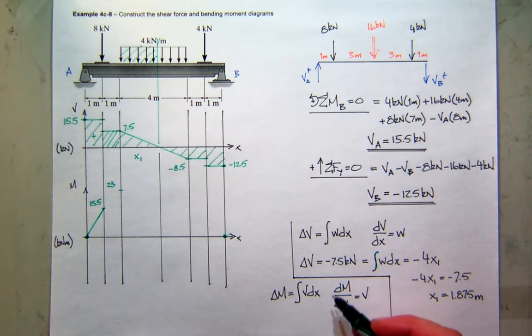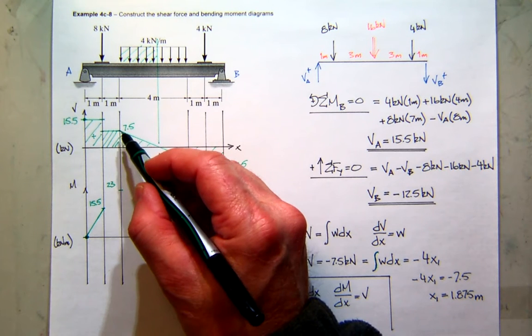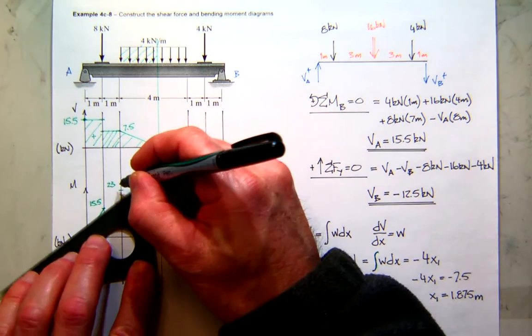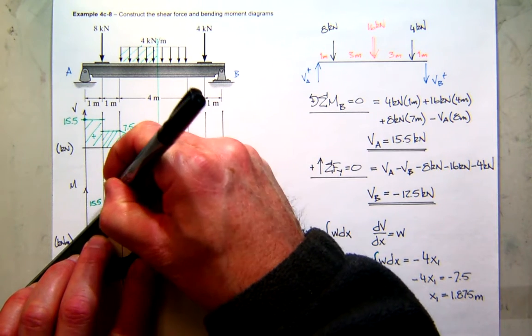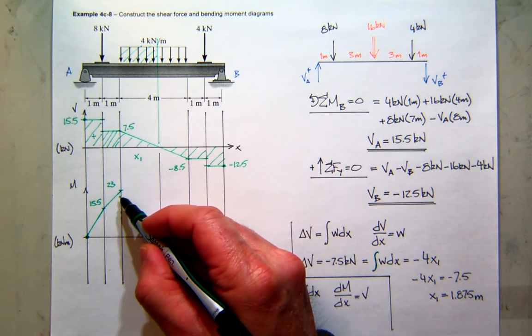And the slope in that case of the moment diagram is given by the shear. And again, the shear is constant and positive, but you'll notice the value is slightly smaller, so the slope is slightly less. So this is a steeper value, a little bit smaller.